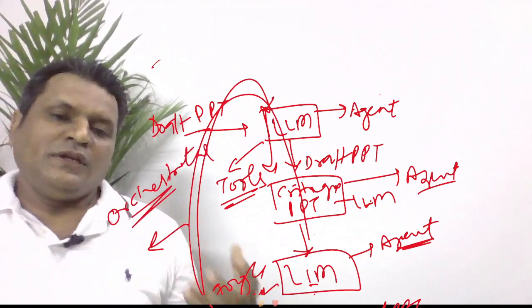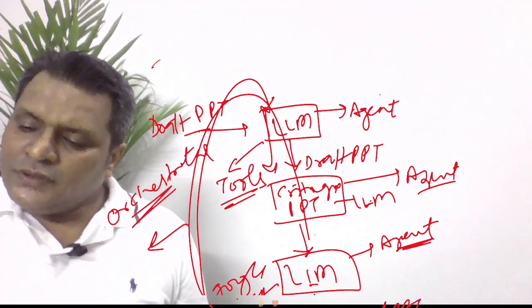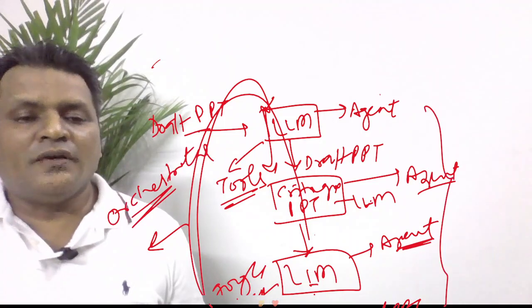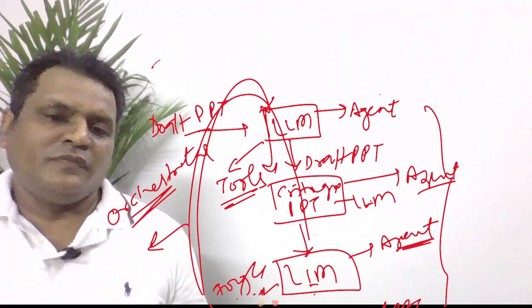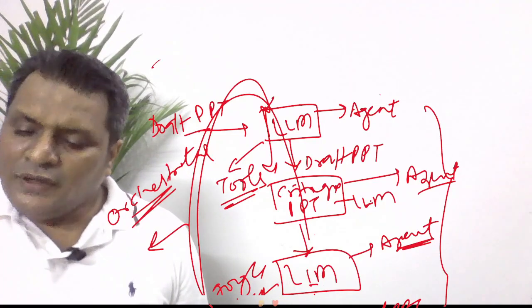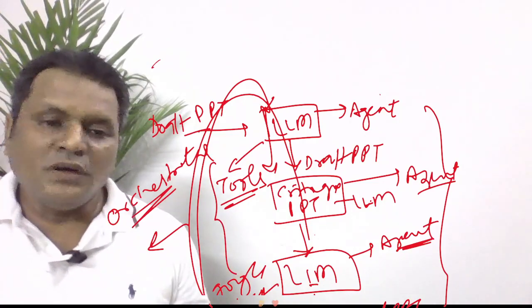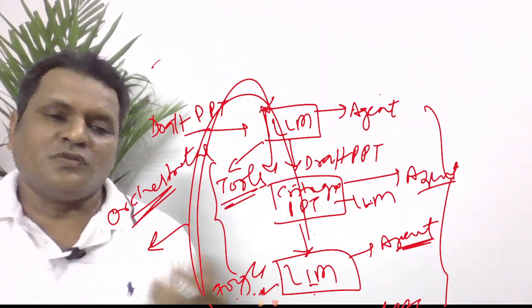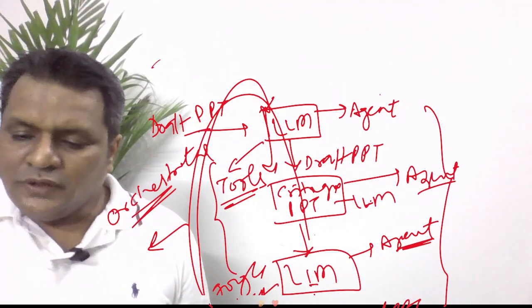So there are three leaps in agentic AI. First, we have the agents, which can be LLMs or tools. The second leap is when the LLMs take help of Google or other tools, or Google Sheets. And the third leap is the orchestrator.